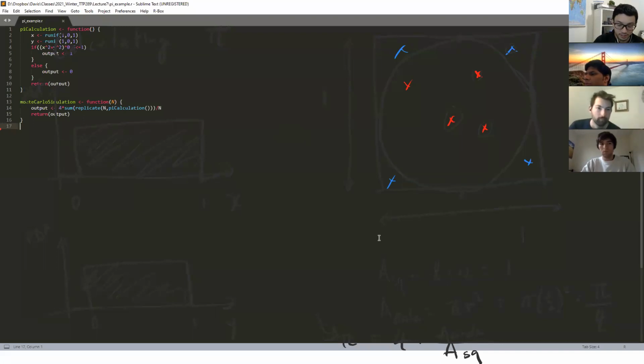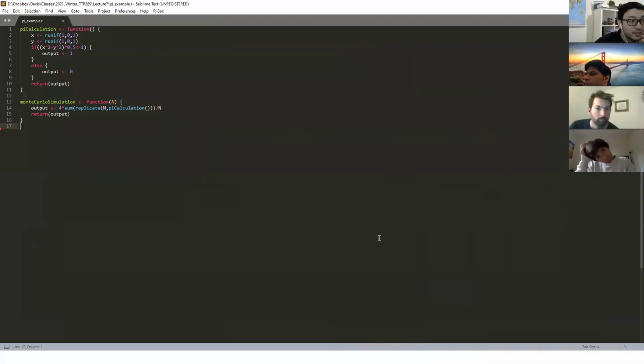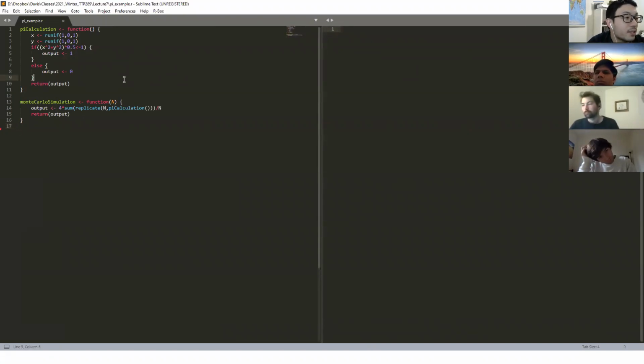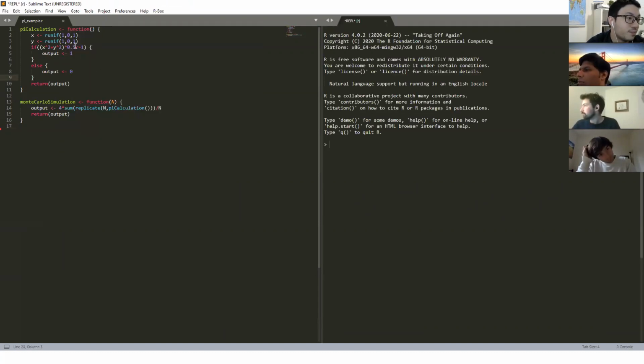Okay, let me clear the board here. All right. So this is a two-function Monte Carlo example. I've got these two functions here.